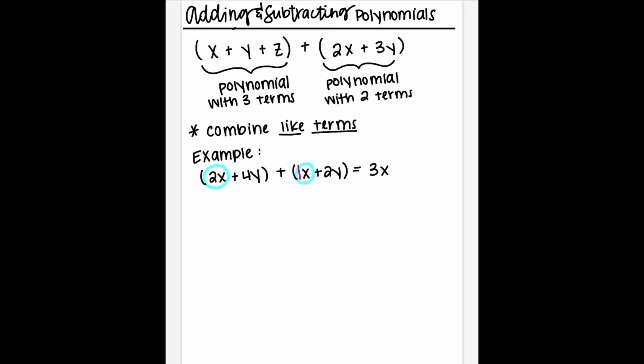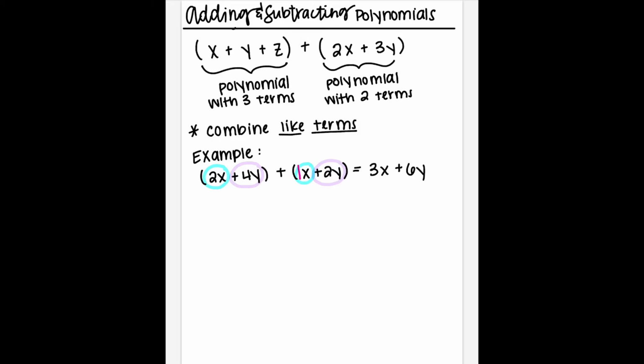We'll do the same with the terms that have a y. Here we have a positive 4y, and we're adding a positive 2y. Positive 4 plus positive 2 is a positive 6y.